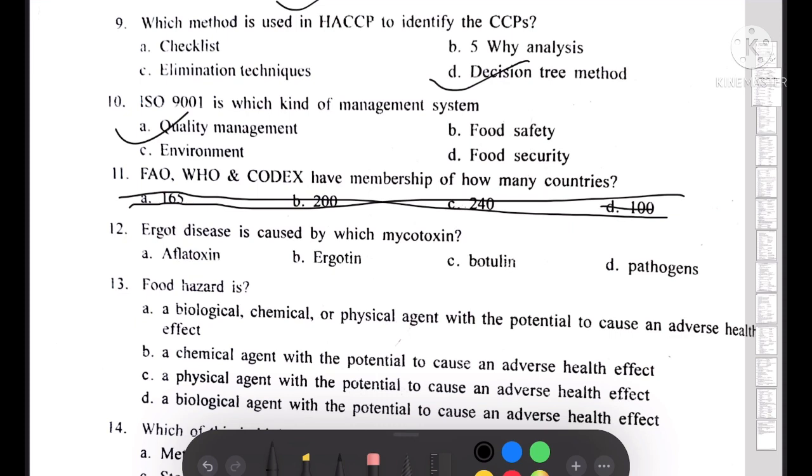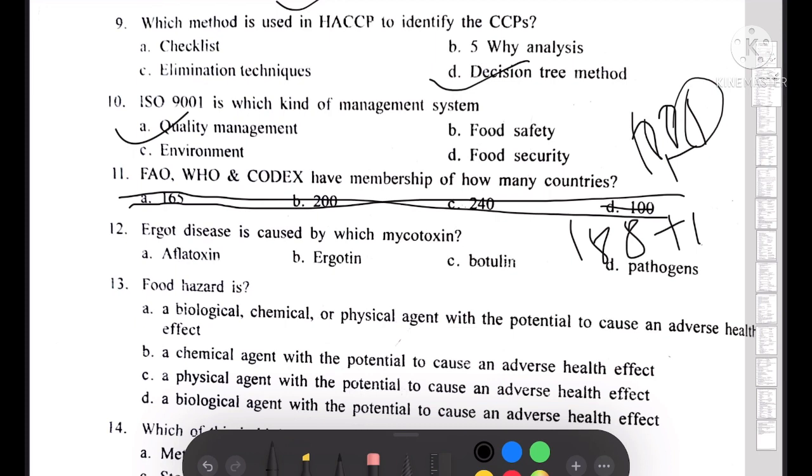The answer is that currently the Codex Alimentarius Commission has 189 Codex members, in which there are 188 countries and 1 member organization, that is the European Union.